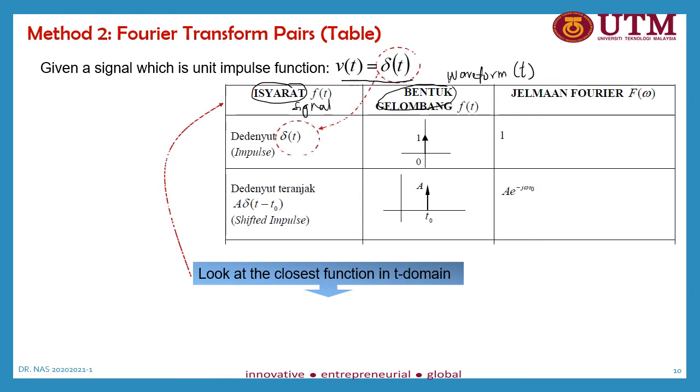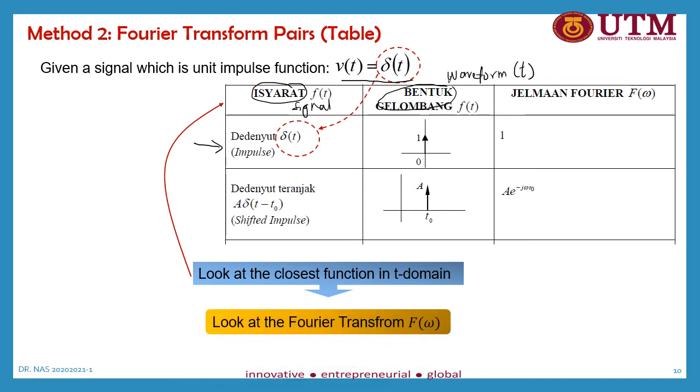In this case, you'll notice that the time domain signal is the impulse function. Next, you refer to the third column, which represents the Fourier transform of the signal in t. So the Fourier transform is 1. Jelmaan Fourier means this is the Fourier transform.